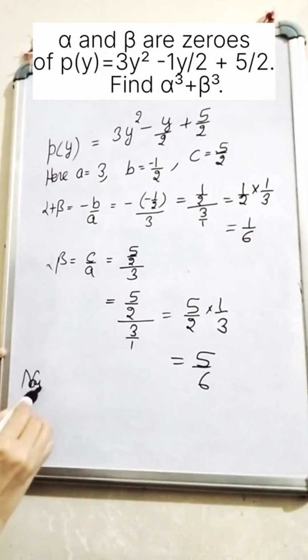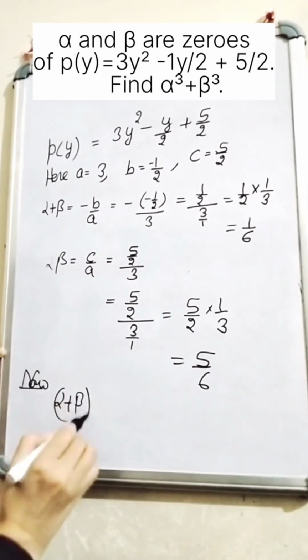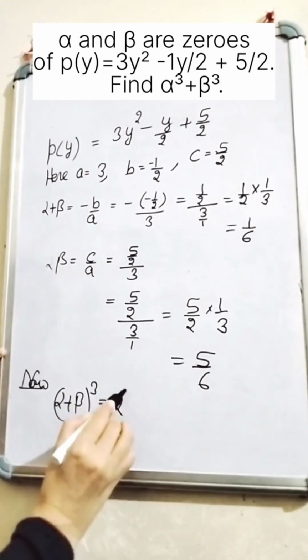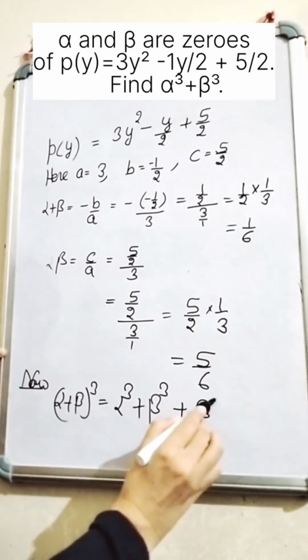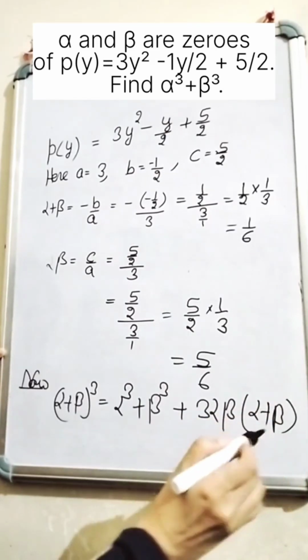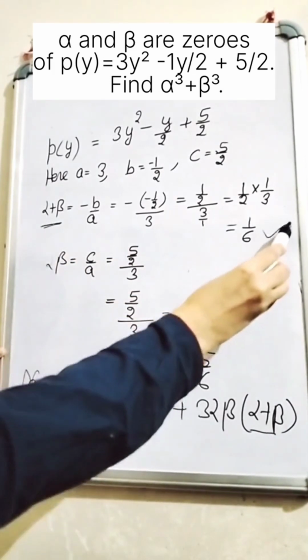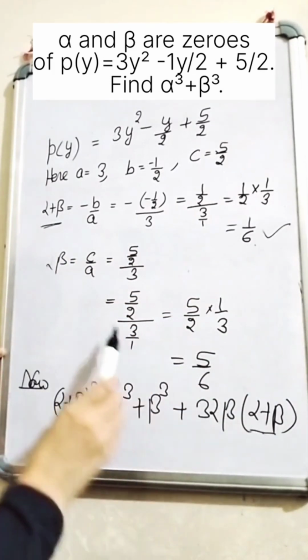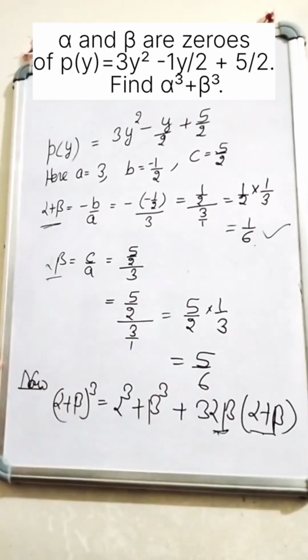Now by formula, alpha plus beta cube is equal to alpha cube plus beta cube plus 3 alpha beta into alpha plus beta. Now we put the values of alpha plus beta and alpha into beta, which we have already solved.